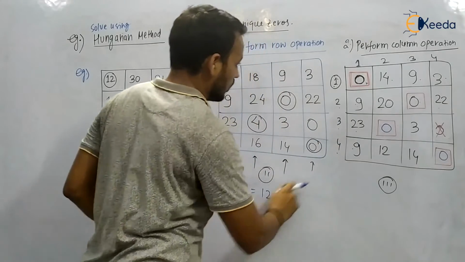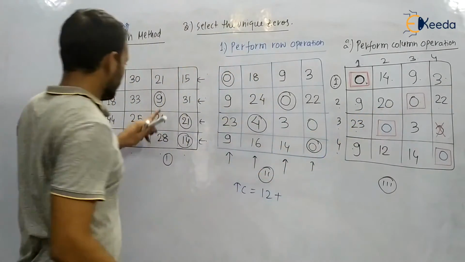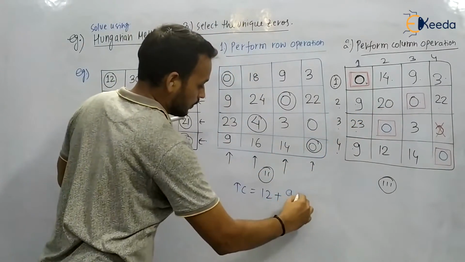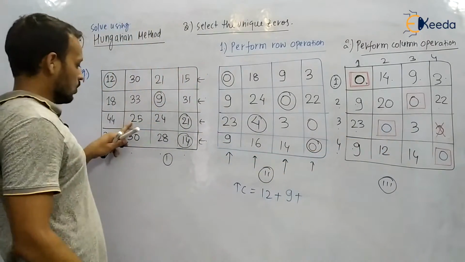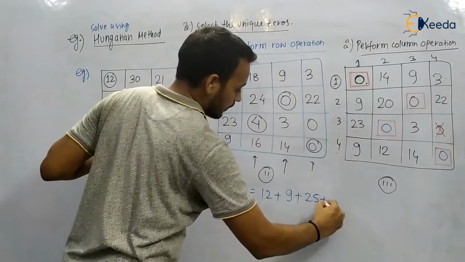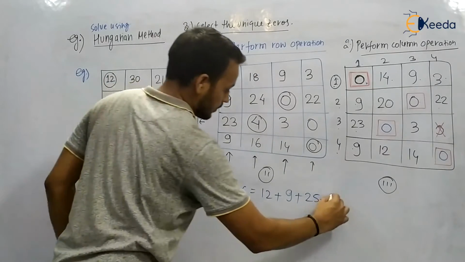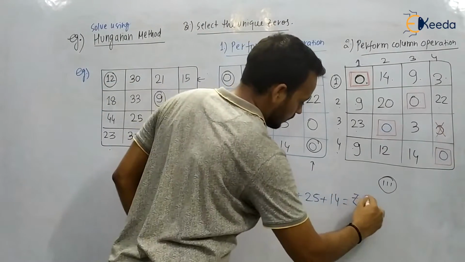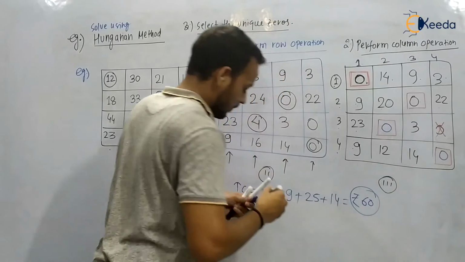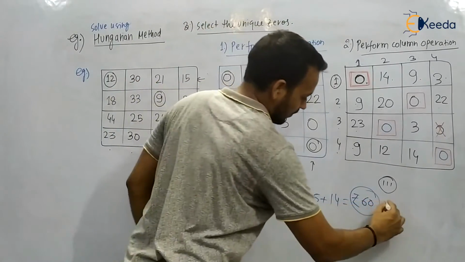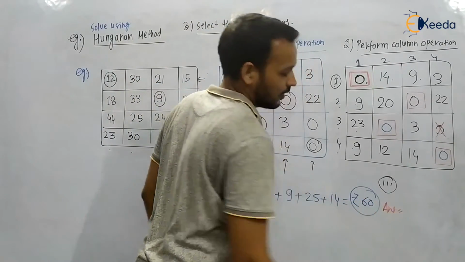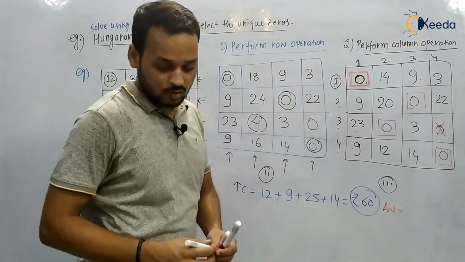So 12, next zero is this one, 9, then this cost is 25, and this last one is 14. Just add it: rupees 60. So this is your final answer, very simple.